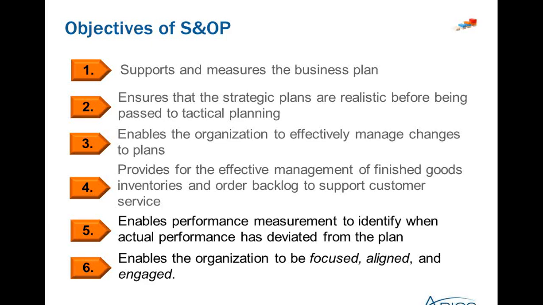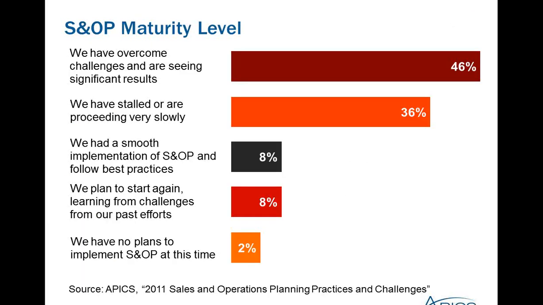Now, seeing significant results does not mean they're finished, but it means they're happy with what they're doing, it's helping them run their business, and they're continuously improving. One of the tenets of S&OP is you never stop improving the process. You're constantly looking for ways to make it better.